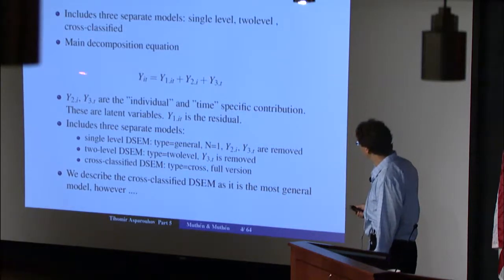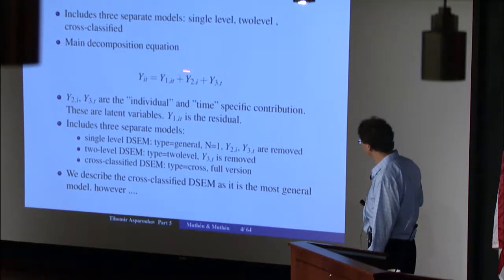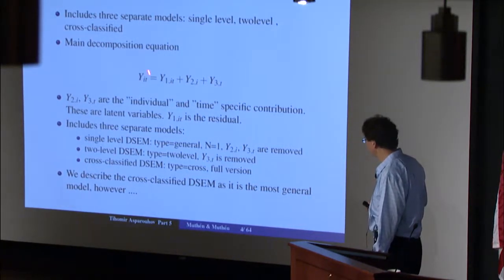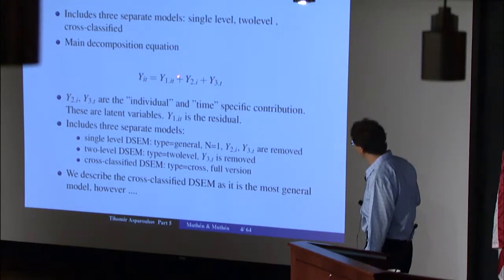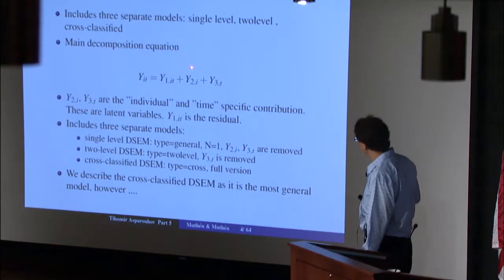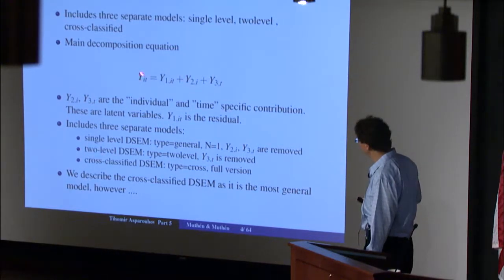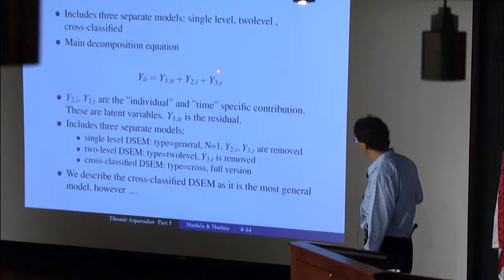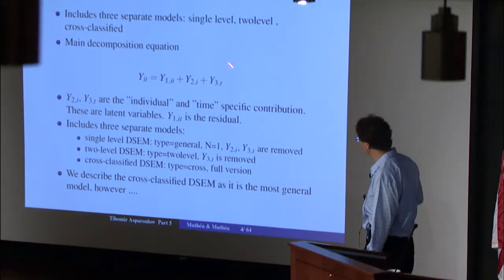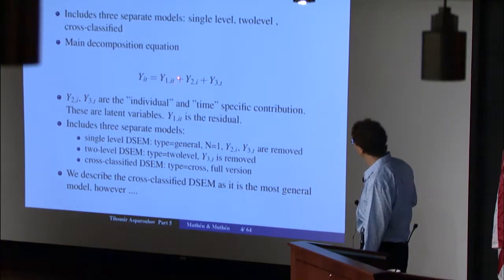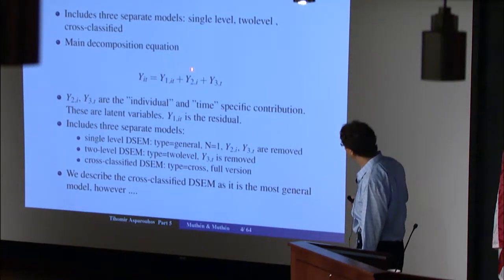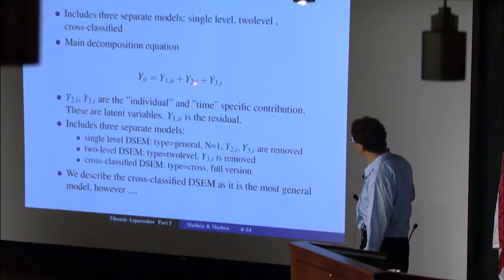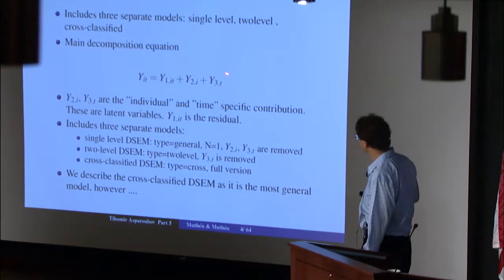And the model basically starts with this main decomposition equation here, that decomposes a dependent variable into 3 separate components. This will be the individual contribution to that variable. This will be the time-specific contribution, and that's the residual. In Mplus terms, this will be basically the within-level component of the variable, the between cluster component of the variable, and the between time.